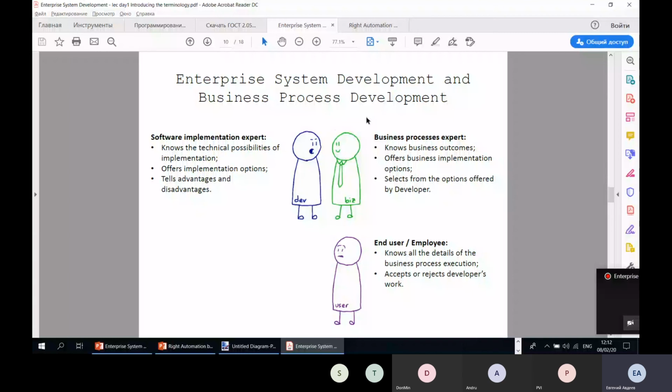And actually, when we talk about enterprise systems, it would be more right to place the enterprise owner on this image, because without his agreement, without his participation, this work is not able to exist.